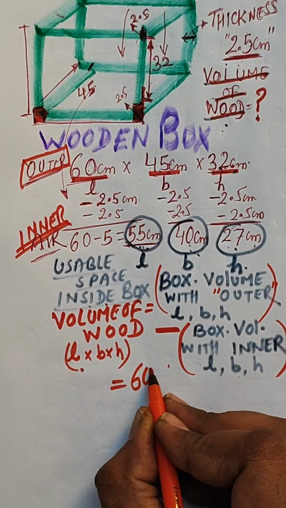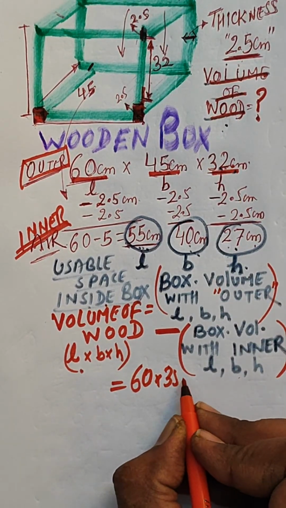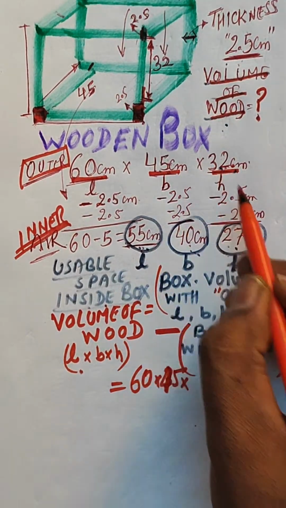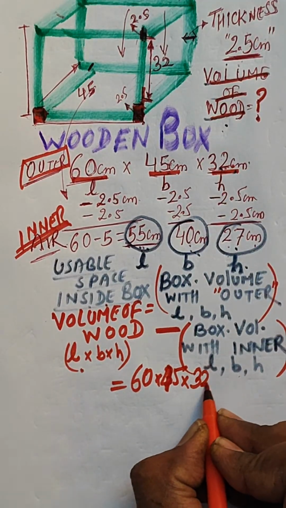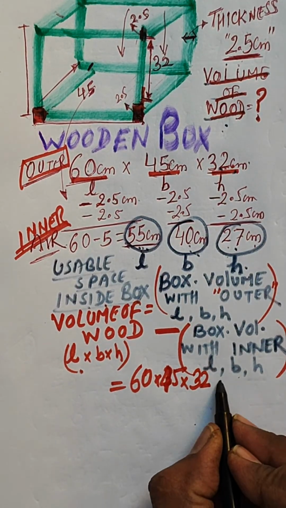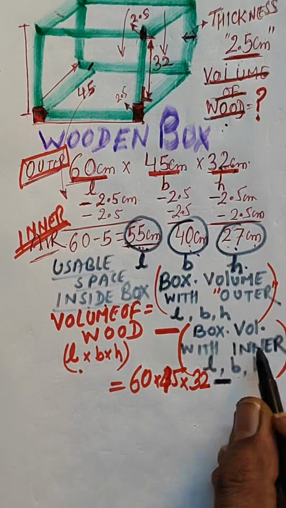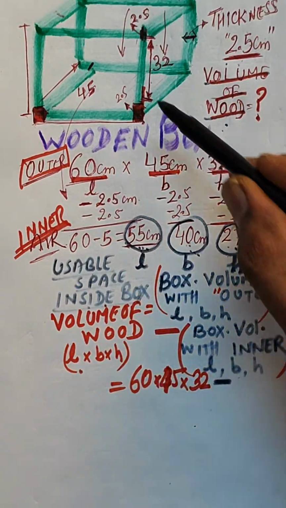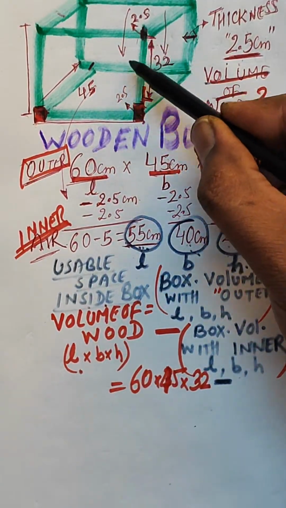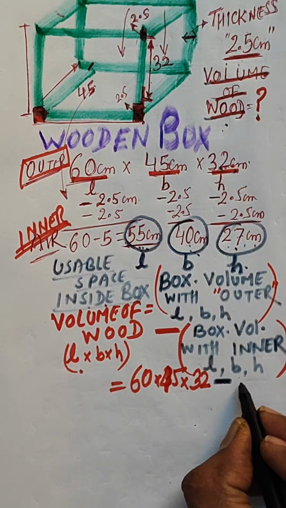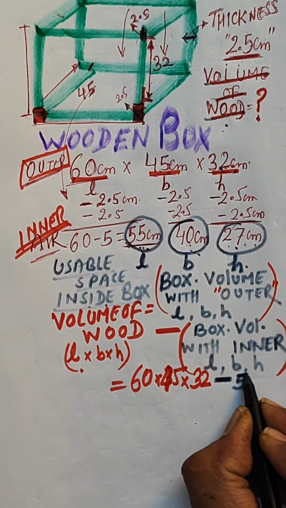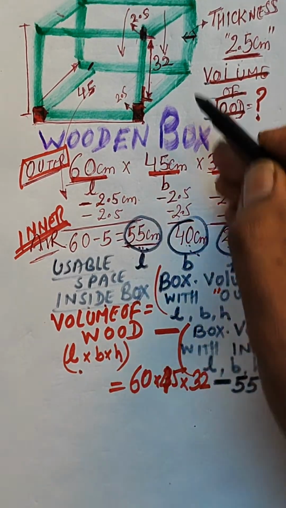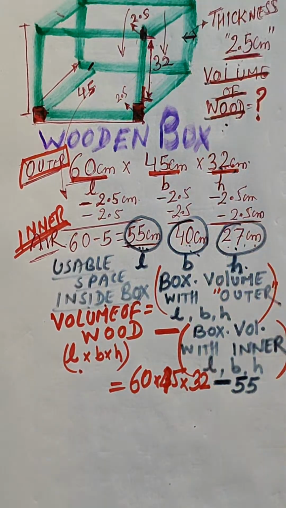So 60 into 45, sorry, into 32, right? Box with the inner dimension, that is 55, 40 and 27. That means the usable space which we are going to use, minus 55, which is the new length or the usable length for the box from inside.